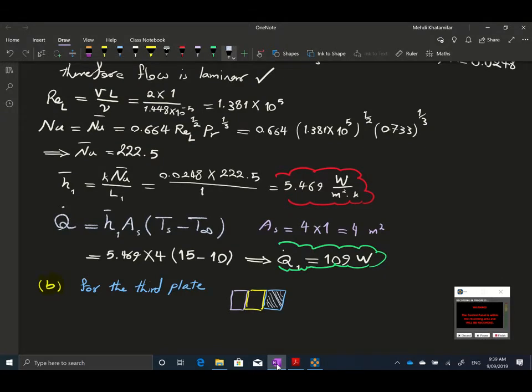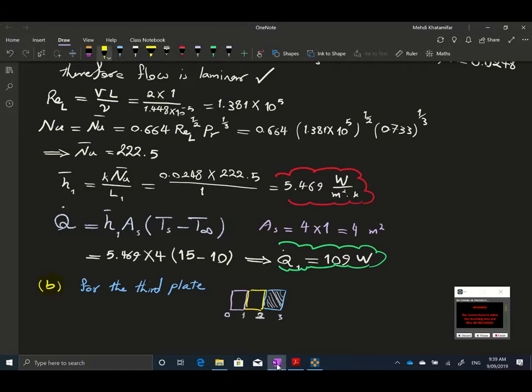So if I want to use average heat transfer coefficient for plate 3, automatically I'm going to integrate and find the summation of all heat transfer coefficients from 0, which is here, to 3. This is 1, 2, 3.